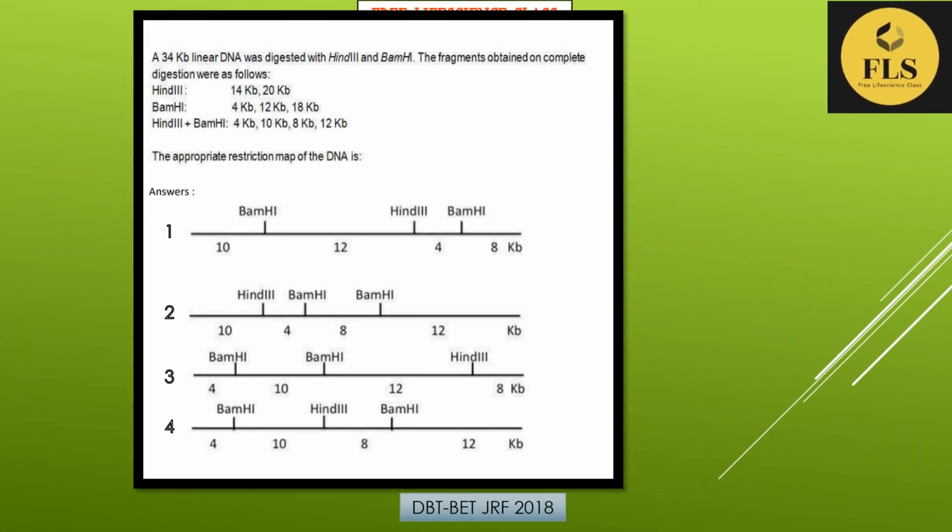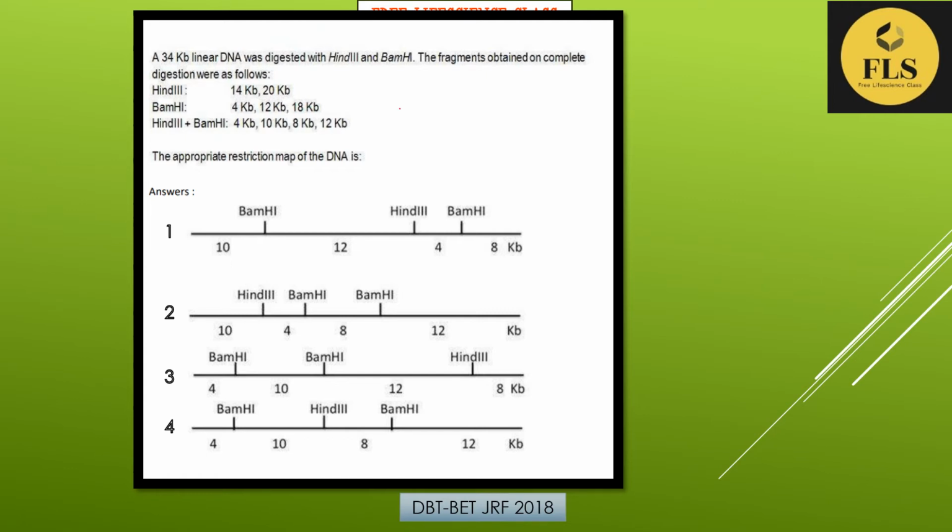Next question. A 34 kilobase pair linear DNA was digested with HindIII and BamHI. Fragments obtained on complete digestion were as follows: HindIII 14 kb and 20 kb, BamHI 4 kb, 12 kb and 18 kb. If both these restriction enzymes are used, then what fragments will we get?